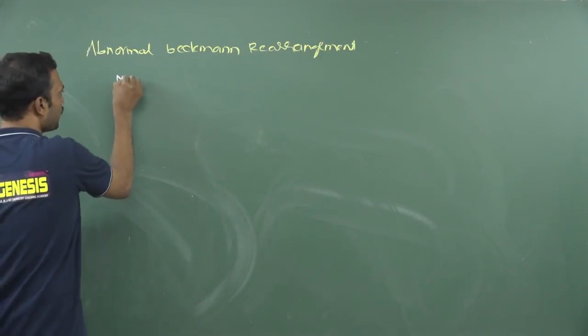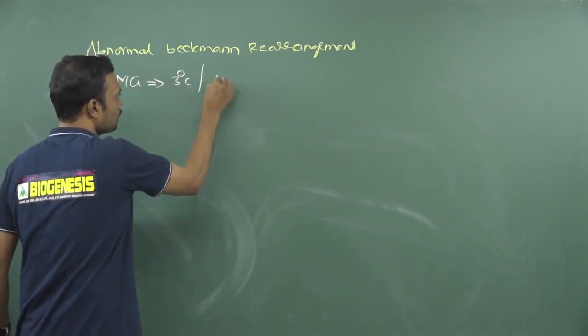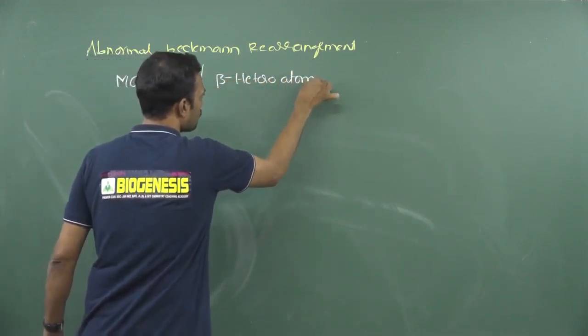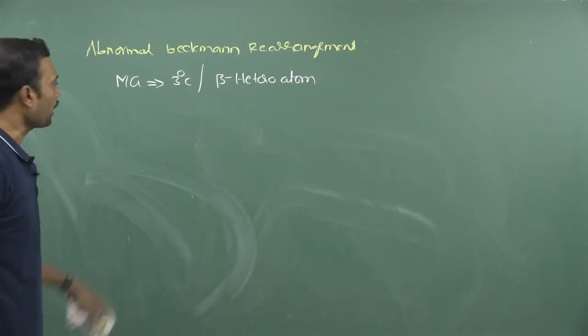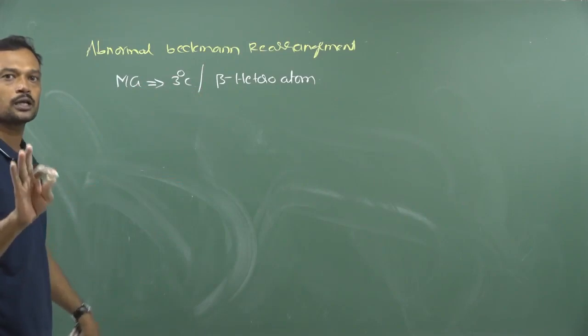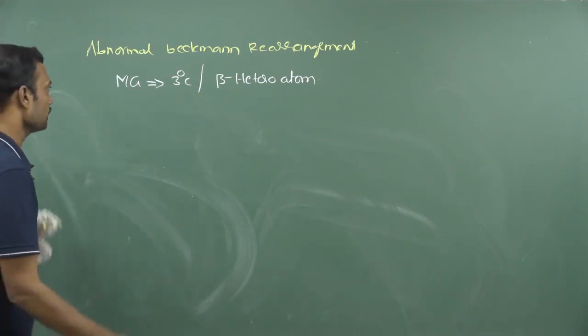See, if the migrating group carries a tertiary carbon, or a beta heteroatom is present, okay. So remember this point: if the migrating group has a tertiary carbon, or a beta heteroatom is present, you will not expect any amide, you will get a nitrile. That is called abnormal Beckmann rearrangement, okay.